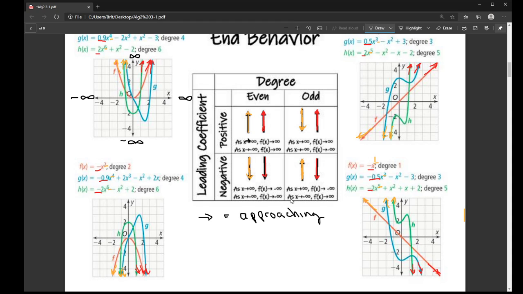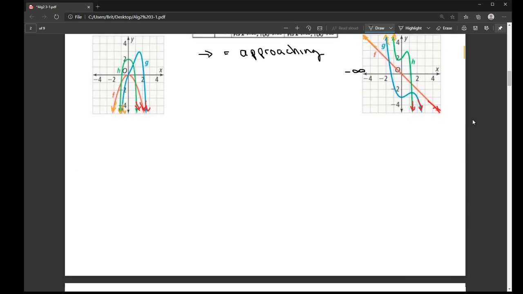Down here, for example, as x is approaching negative infinity, so as we are coming to the left here, f of x is approaching positive infinity. So you could see where the y values are all increasing. They're going upwards. So this is some notation that we use all the time.